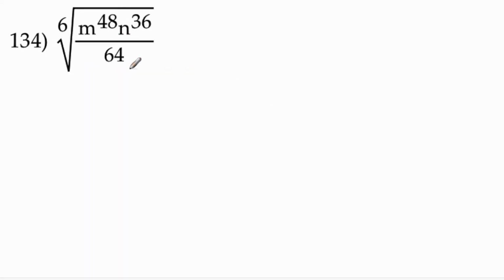Here's one as a quotient, and you can do a similar kind of thing. This time I'm looking for 6 things inside that are the same to bring 1 out. Well, 6 goes into 48 8 times, so there's 8 groups of 6 m's there. So I could bring m to the 8th out, and there's 6 groups of 6 in there, so I could bring 6 n's out.